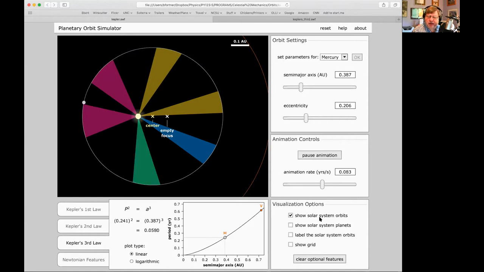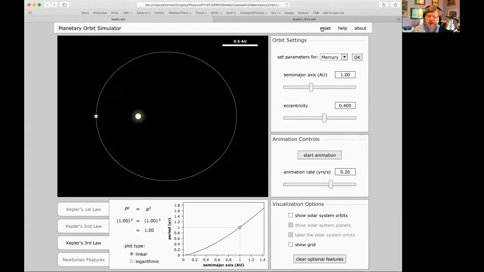And Kepler's periods. Let's clear everything. Reset. And here is the period in years and the semi-major axis, and they have this relationship here of p squared equals a cubed. Okay.